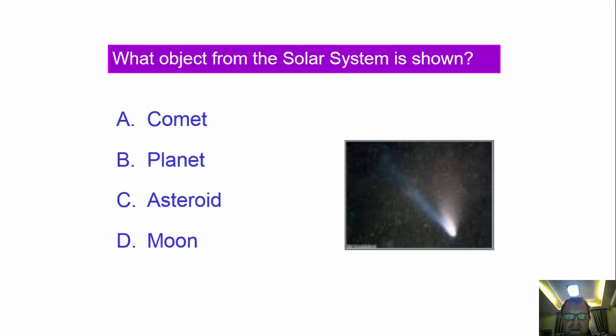So what object from the solar system is shown here? Well, I've mentioned planets, I've mentioned asteroids, I've mentioned the moon, but nothing with a tail on. So this is actually a comet.